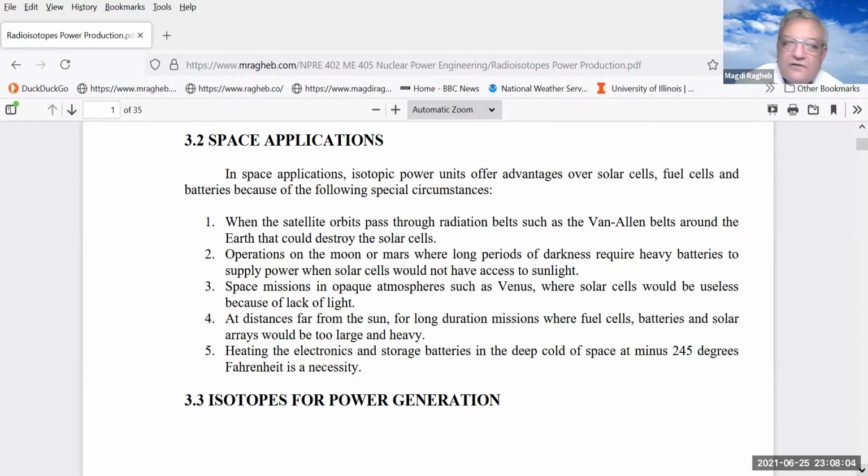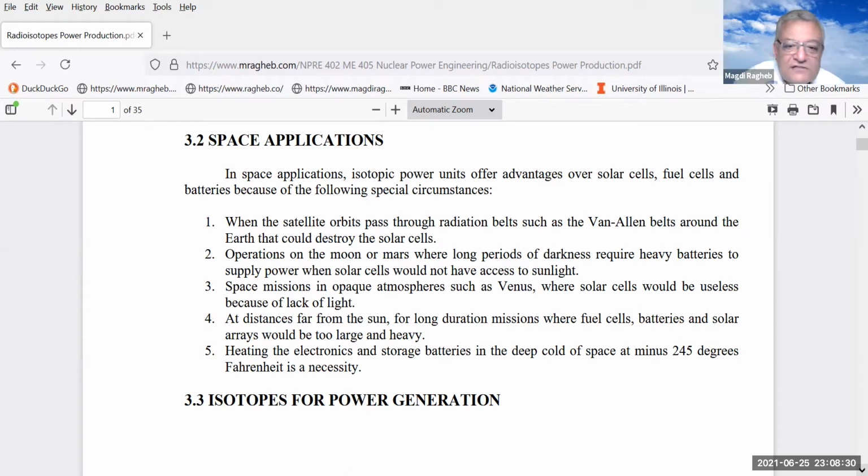Especially on Mars, for instance, you have dust storms that could shield the photovoltaics in the space probes. A third situation is missions in opaque atmospheres like Venus. Venus is surrounded by clouds. Solar cells would be useless because of the lack of light below the clouds.